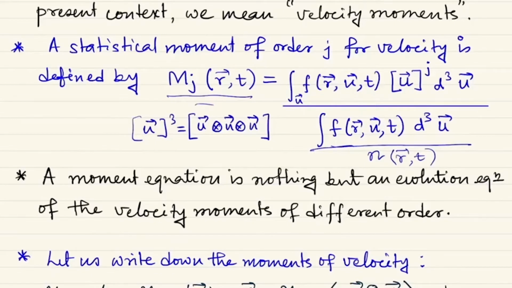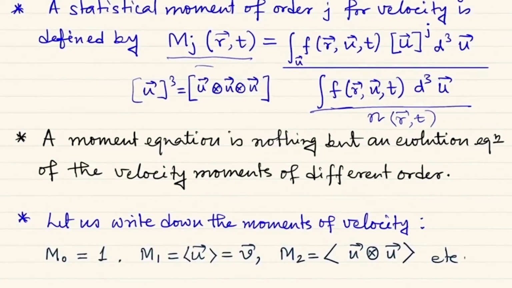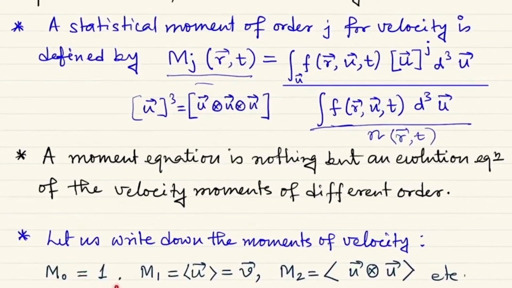Now let us write down the proper definitions of different moments of the velocity. For m₀, you can easily understand that this is simply u to the power 0, which is 1. So both the numerator and the denominator will be the number density, and this will be 1.